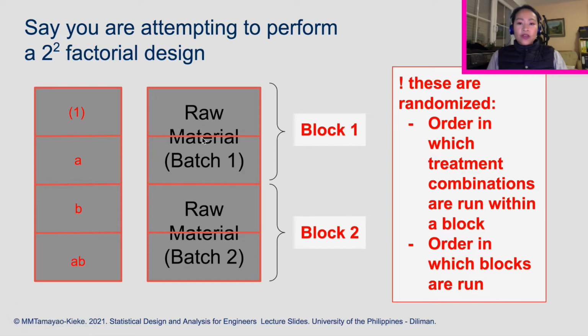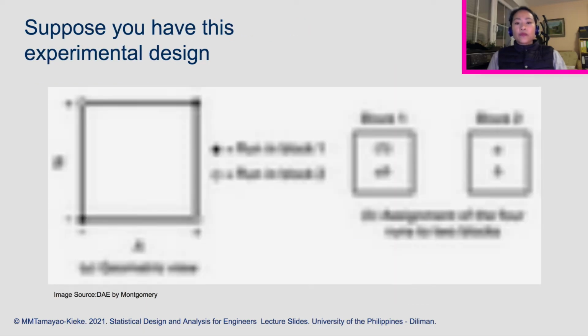In this case, you would need two blocks to run the complete replicate. Note that the order in which the treatment combinations are run within a block should be randomized, and the order in which the blocks are run is also randomized.